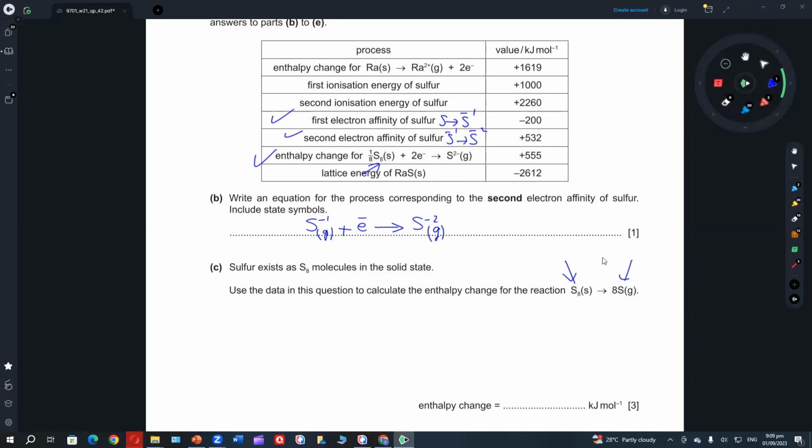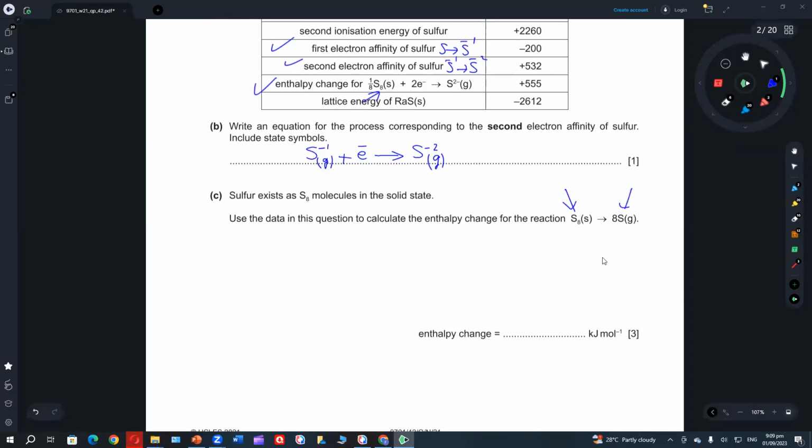Now think of a chain. I help you to start with the chain. I have S8, which breaks into 8S. You need to make a rough diagram so you can make a cycle. Sulfur 8 atomizes to 8S.